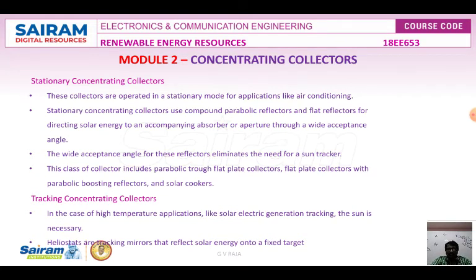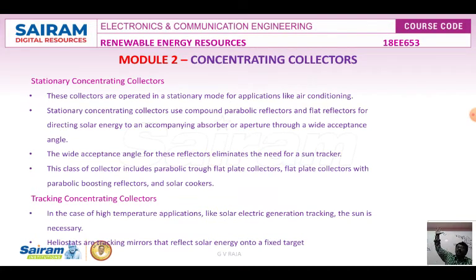And previously I said that tracking concentrating collectors are used wherever high temperature is required, such as in solar electric generation. Here the sun tracking is very necessary, so the heliostat process is a very good example of tracking with mirrors and reflecting the solar energy onto a fixed target.